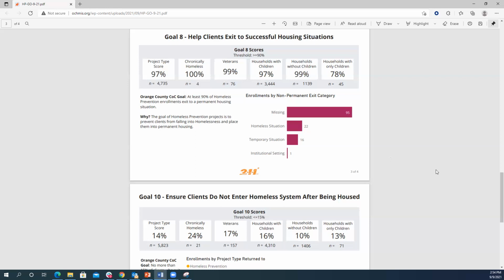Yeah, I guess that's why I'm wondering, is it more of a process thing that some users are waiting for a goodbye from the client or something, or maybe they should just be exiting straight after the rental assistance is provided?